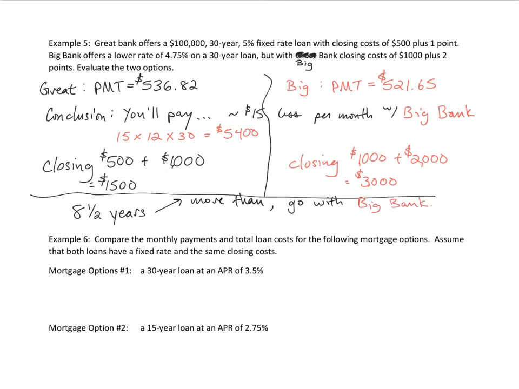It'll cost you less money in the long run after 8.5 years. But if you are planning to not stay in the house for very long and find maybe it's a starter home for you and you want to start there and move out in under 8.5 years, you want to go with Great Bank.